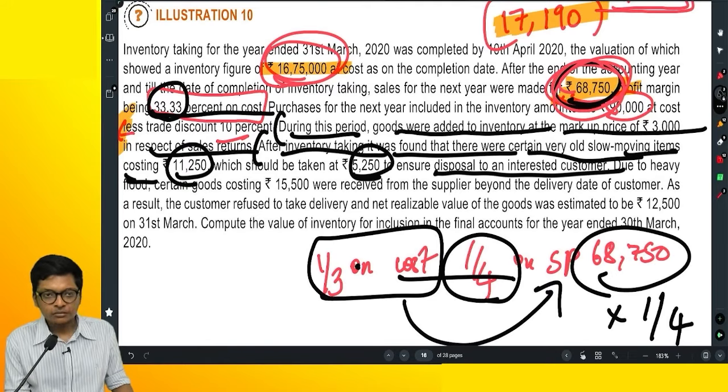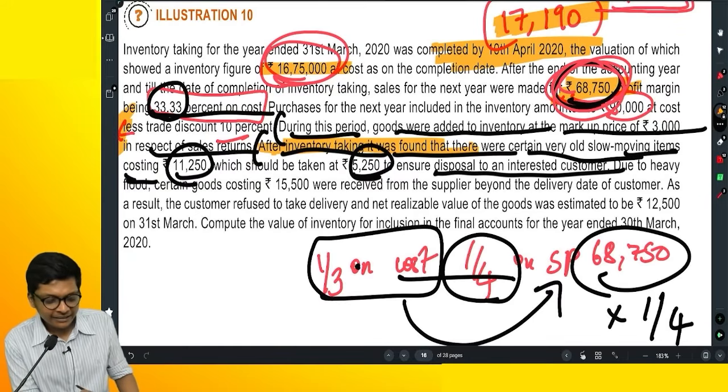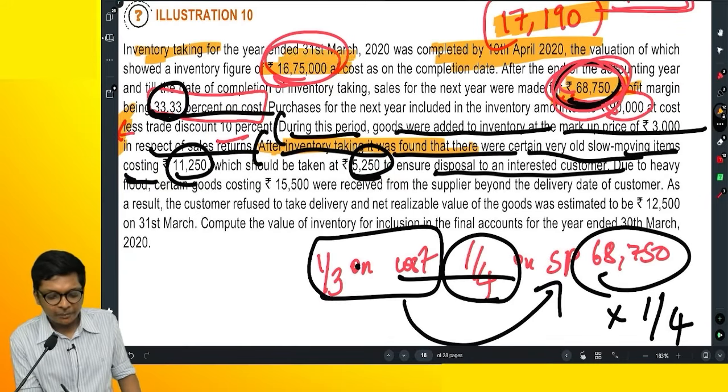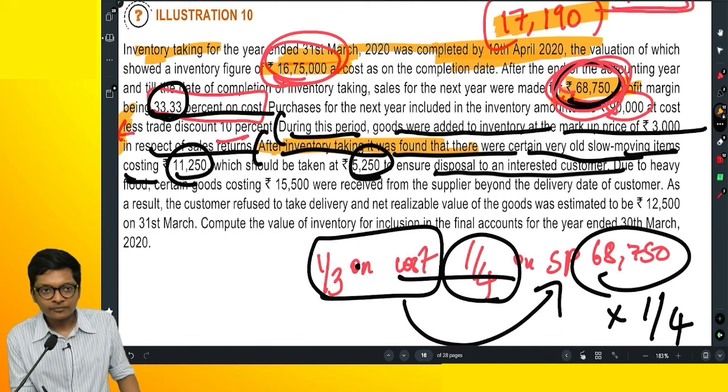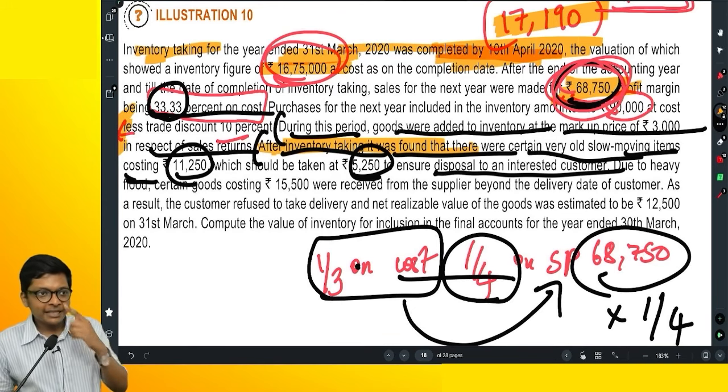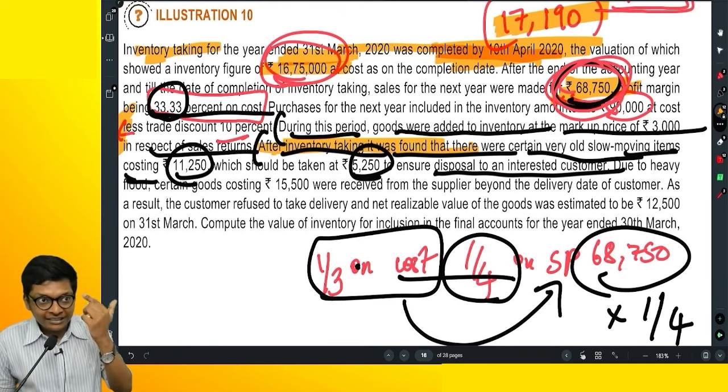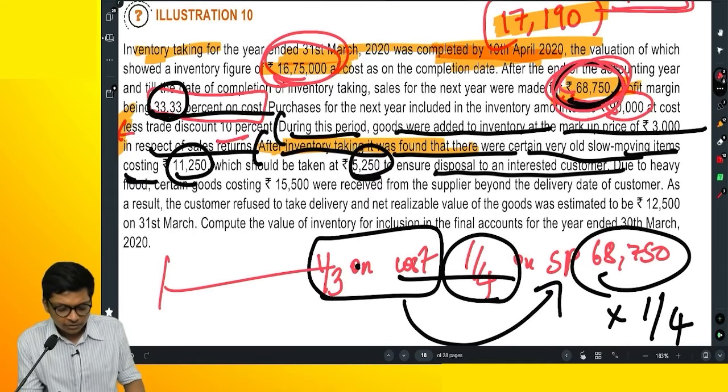This is happening when? After inventory taking. That means after 10th April. See, inventory taking for the year ended on 31st March was completed on 10th April. If you put timeline, this is 31st March.